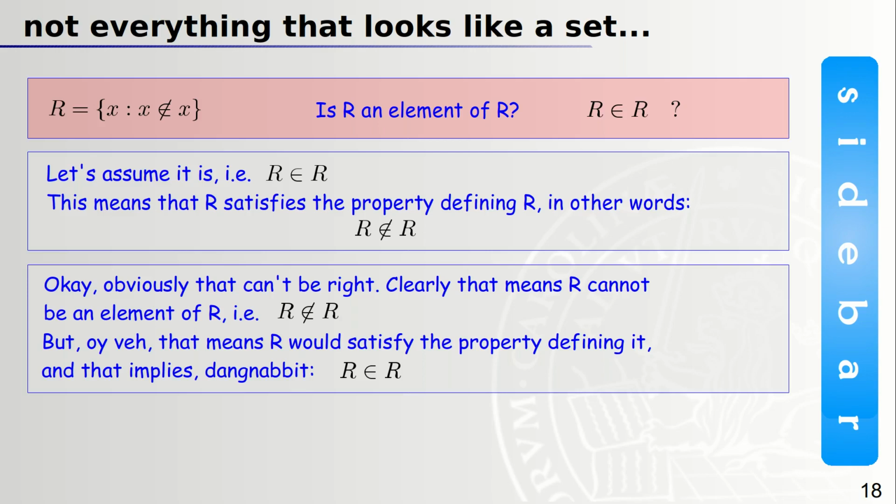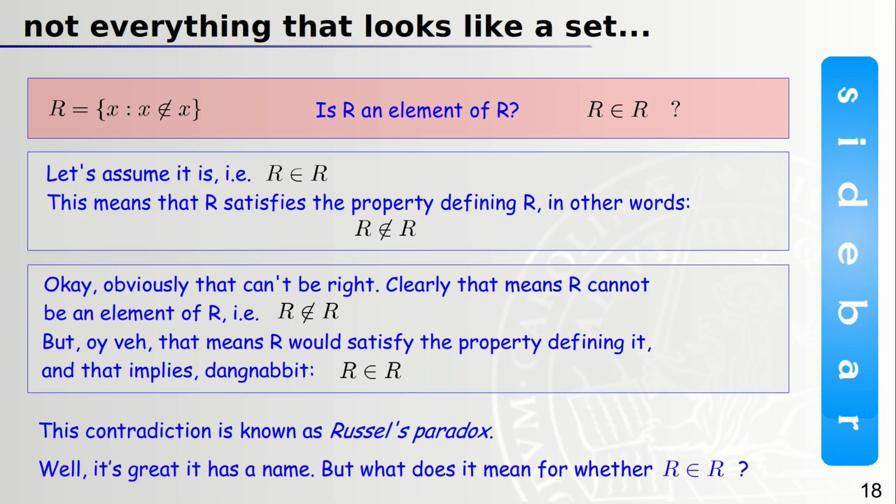So if R is in R, it cannot be in R, and if it is not in R, it must be. This contradiction is known as Russell's paradox. It means that the above definition of R is not well defined and that really its definition is meaningless.